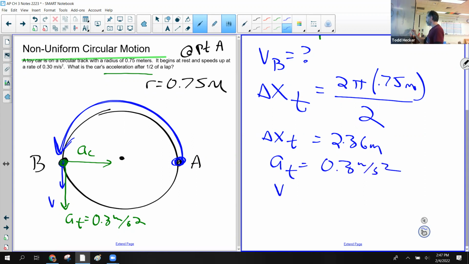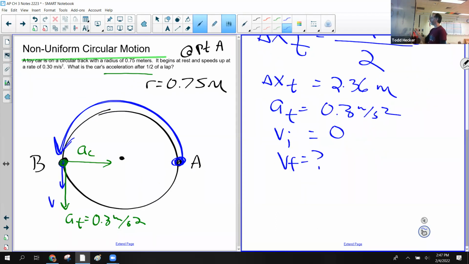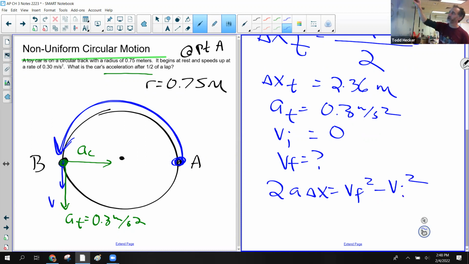I know my initial velocity tangentially, and I'm looking for my final velocity. So now we've got to dig back into some of our kinematics equations. I'm going to use this guy, 2a delta x equals vf squared minus vi squared. Okay, and notice everything that I'm measuring there is measured tangent to the circle.